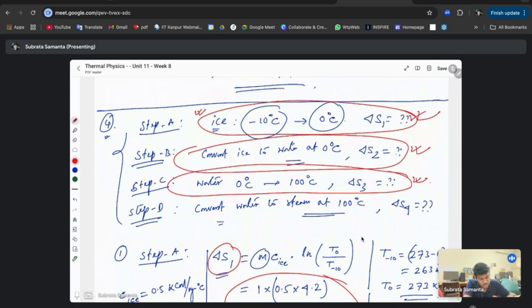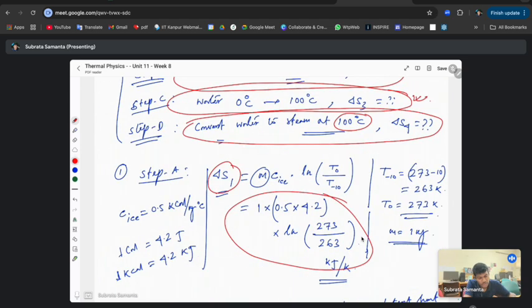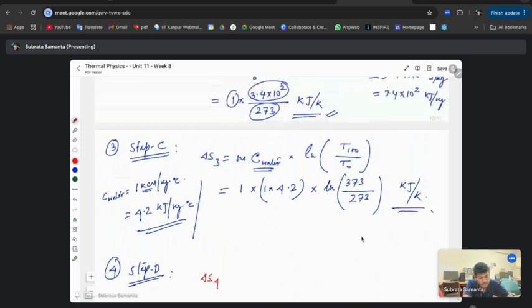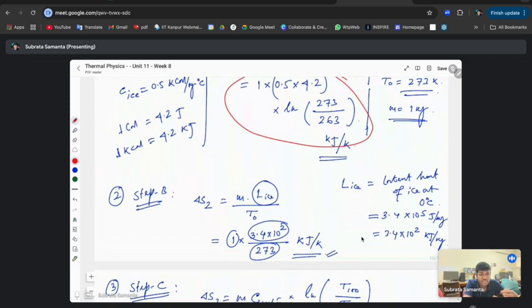Now the last step is to convert water to steam. What is the change in entropy if you convert water to steam at 100 degrees centigrade? That is delta S4. Delta S4 is exactly the same as when the ice changes to water at 0 degrees centigrade, so basically mass times latent heat over the temperature.